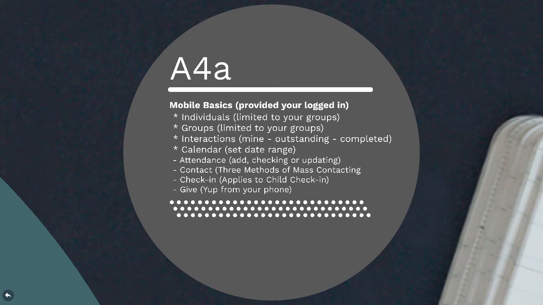Contacts are ways that you can make contact from your phone to your group. Check-in applies really to maybe some of our younger groups only, because that's related to the check-in name badge system used in preschool and children's division. And yes, you can do your tithe through ShelbyNext as well.